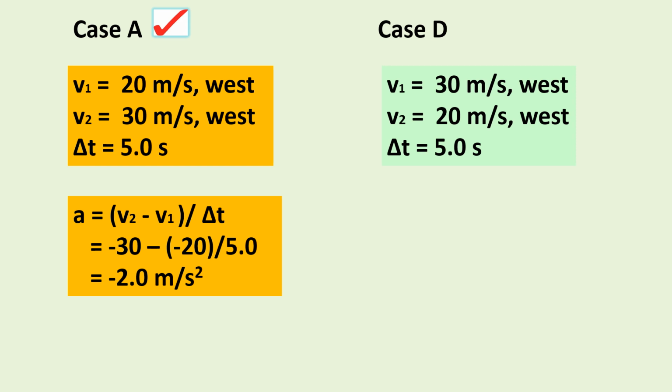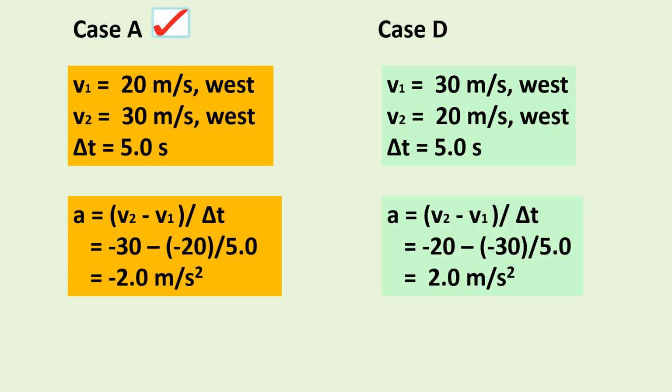The initial velocity is 30 meters per second going west, and the final velocity is 20 meters per second west. All right? And assuming the same time interval of 5 seconds, what do you think is the computed acceleration?